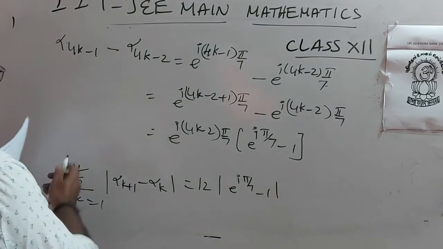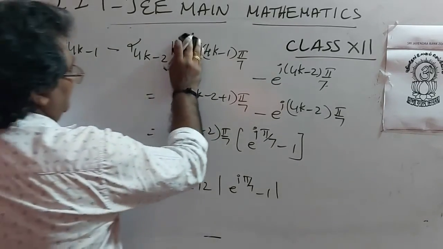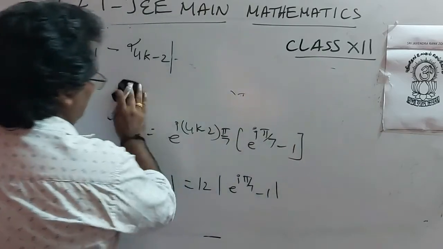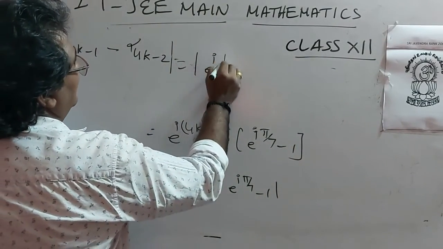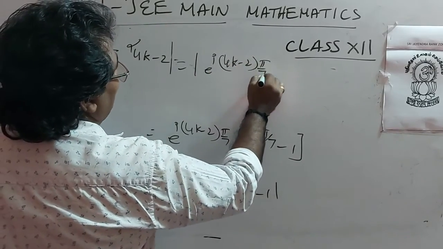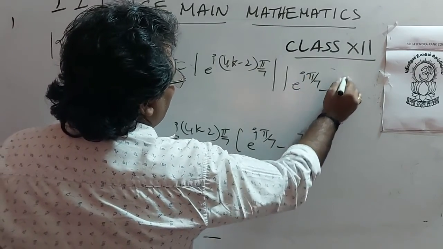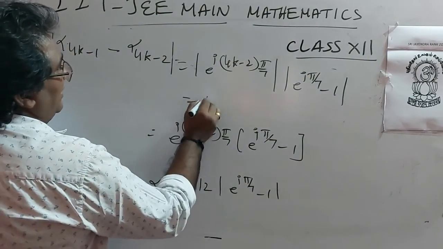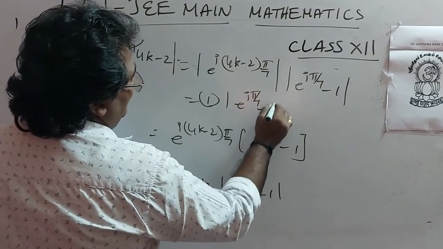Next step, taking the modulus of this term, modulus of e power i (4k−2) pi by 7 into modulus of (e power i pi by 7 − 1), equals 1 into modulus of (e power i pi by 7 − 1).